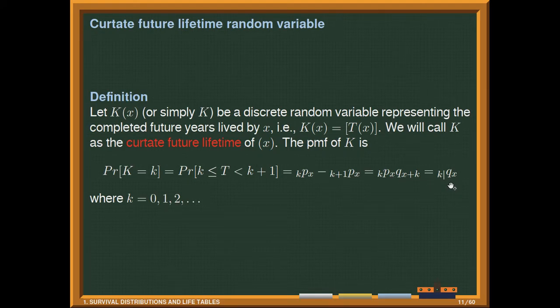Or that is the same as k bar qx, where k is 0, 1, 2, and so on. By the way, K is not being assumed discrete; it's given to be discrete.